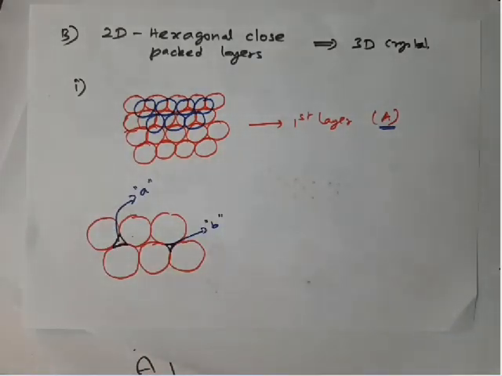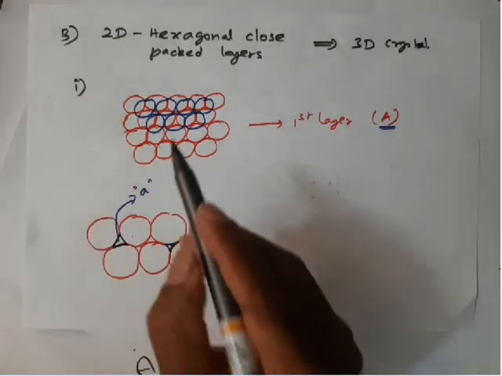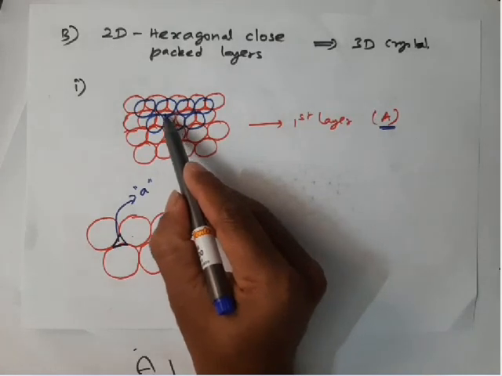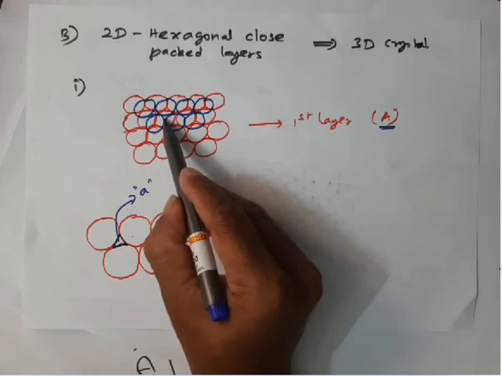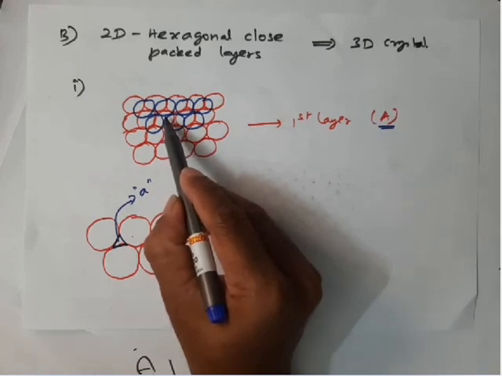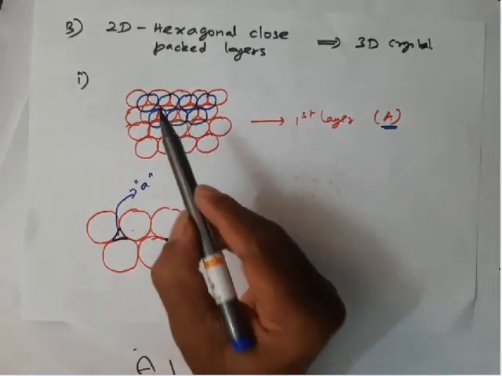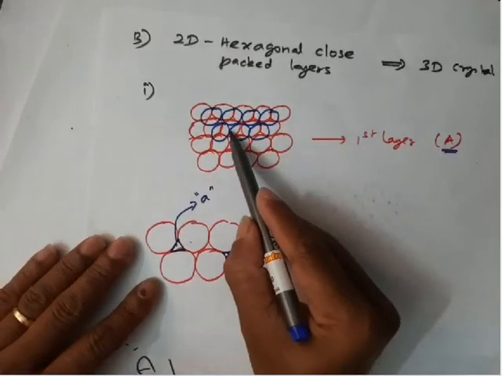Now I'm going to place the third layer. If you observe this arrangement, here I have blue circles. This point looks like a B type of depression on the second layer. Students, just focus on this place.